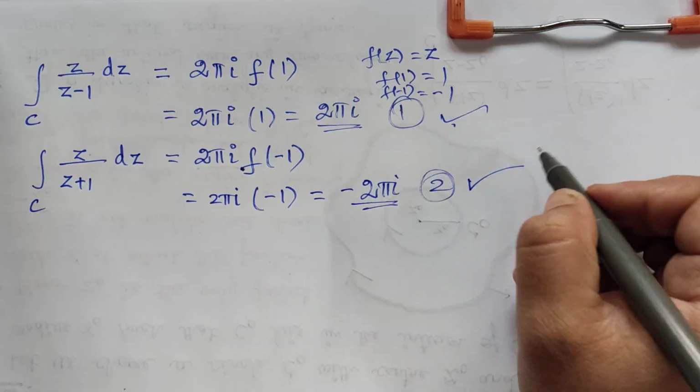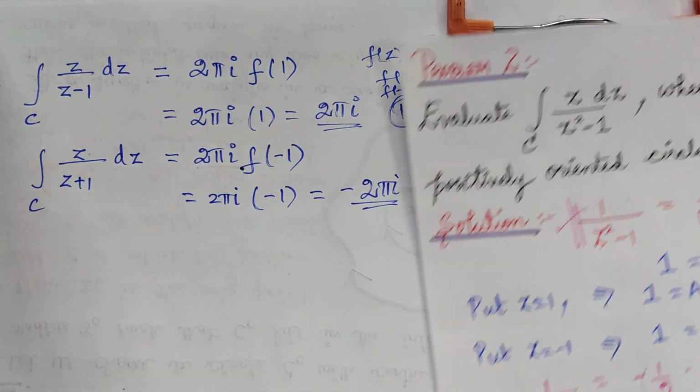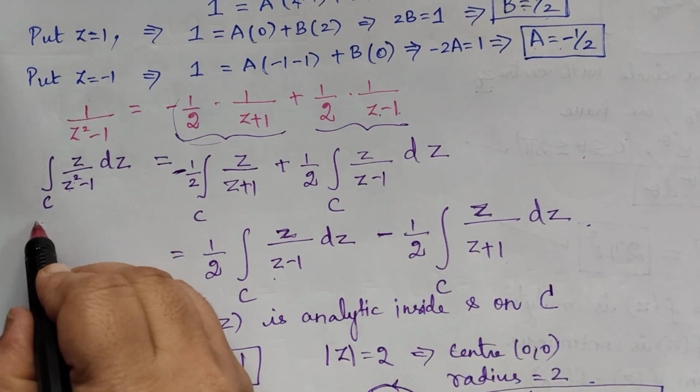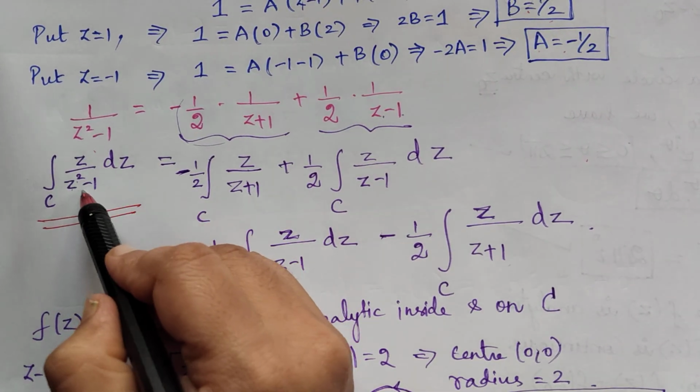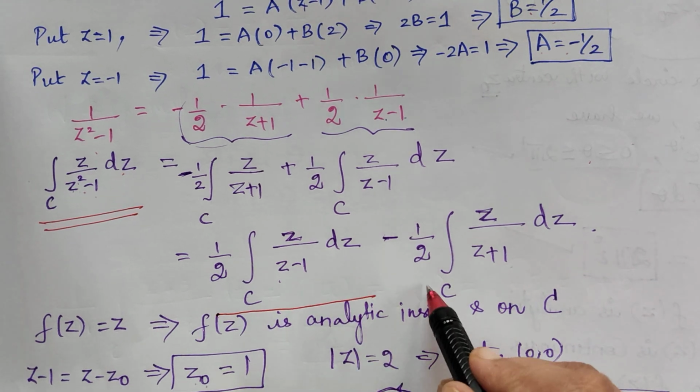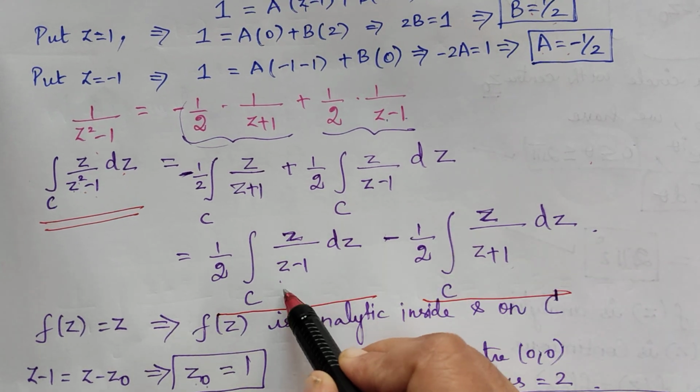Now we shall substitute these two integrals over here. We know that integral over C, z by z squared minus 1 dz is equal to the first integral and second integral combined, both of which we have evaluated.